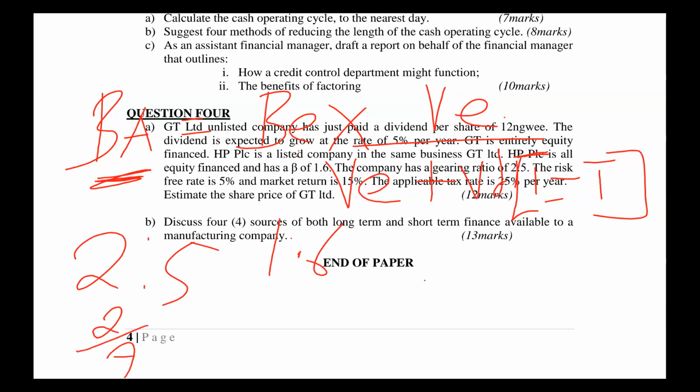You add the ratios, 2 plus 5 is 7. So this is going to be the ratio for the value of equity. This is the debt equity ratio, that's what the gearing ratio means. How much is debt?